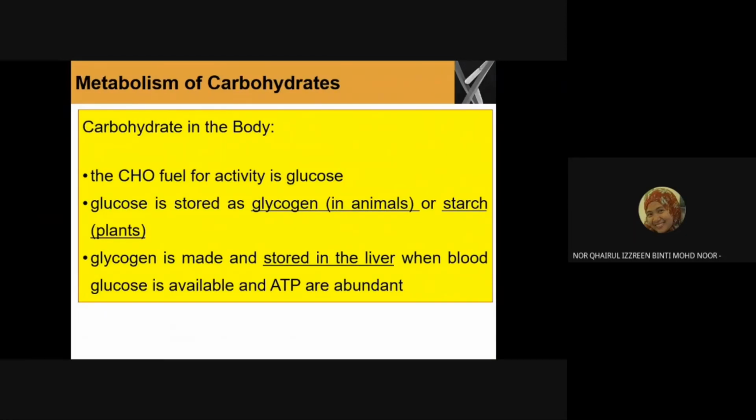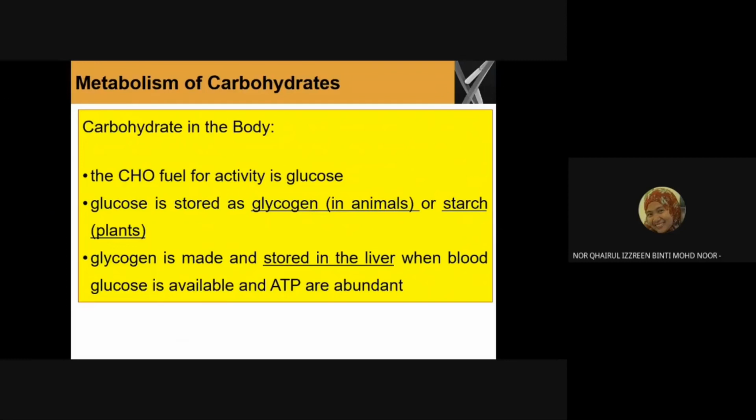Okay, what is carbohydrate and how is carbohydrate used in the body? Carbohydrate is the fuel for activity, and the simplest carbohydrate sugar is glucose. Glucose is stored as glycogen in animals and starch in plants.